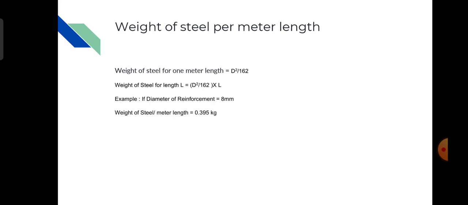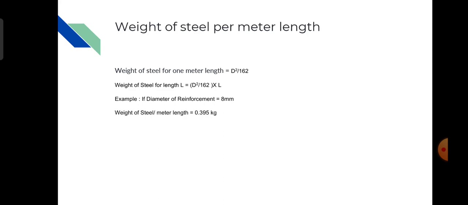In specific, if we want to calculate the weight of the steel for different length of the reinforcement, then it is given by d square by 162 times of length. So this is the important concept.